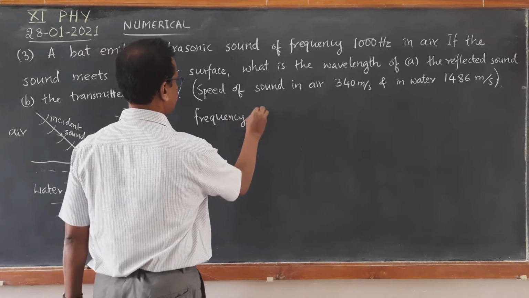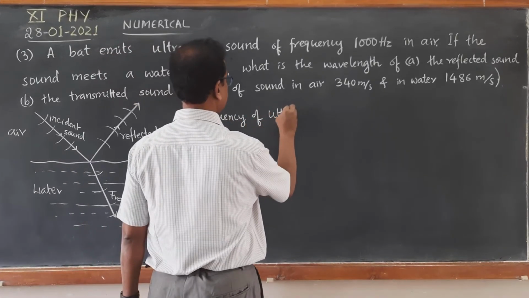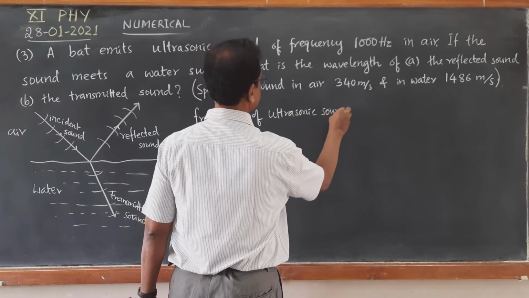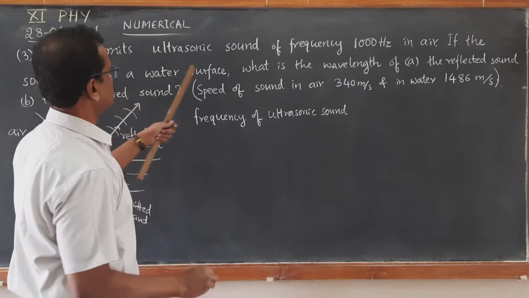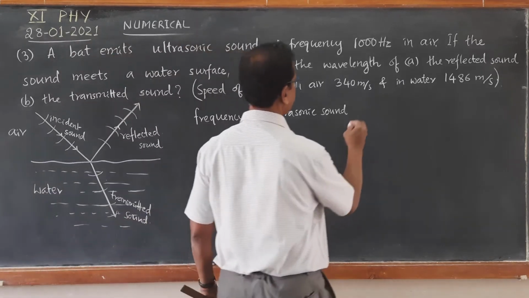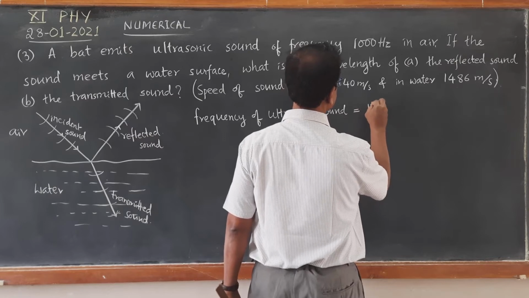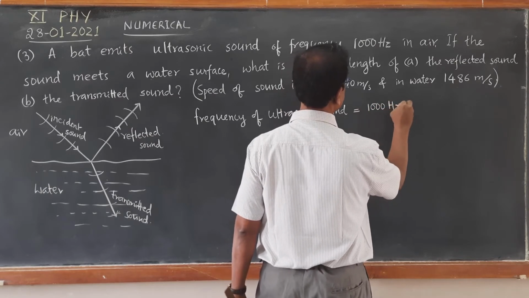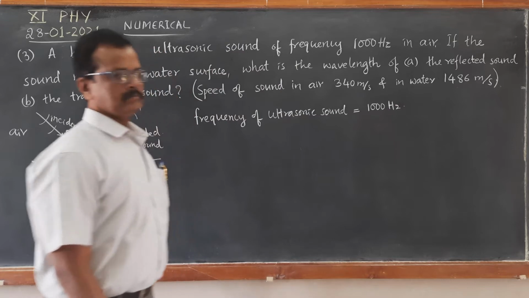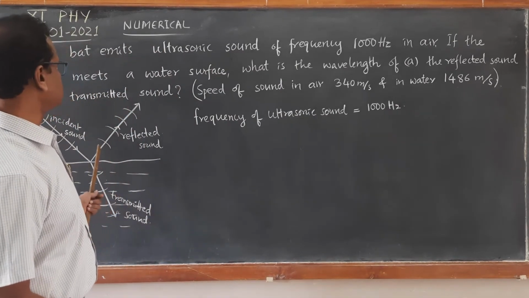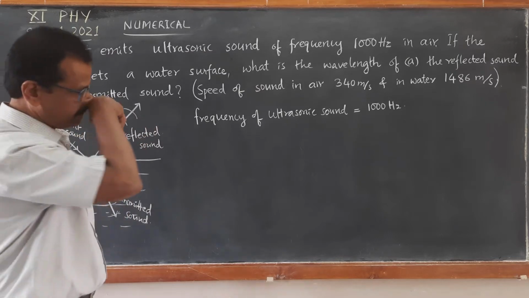So first you write what is the given frequency. Frequency of given ultrasonic sound: 1000 hertz. First we will find out what is the wavelength of reflected sound.